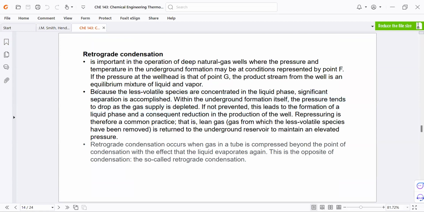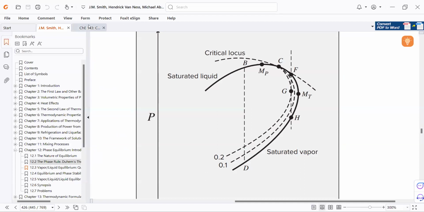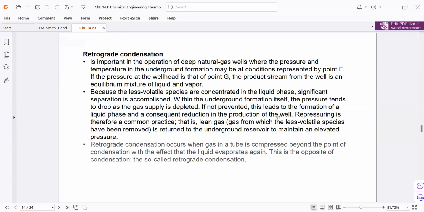significant separation is accomplished. Now if the operation continues, then the pressure tends to drop because the gas supply is continuously depleted. If it's not prevented, it would lead to the formation of a liquid phase and a consequent reduction in the production of the well.